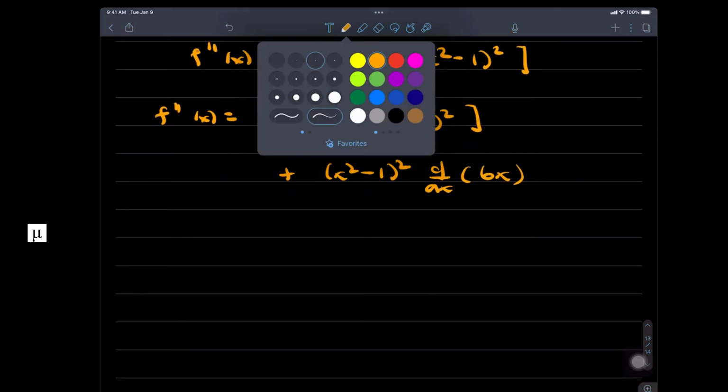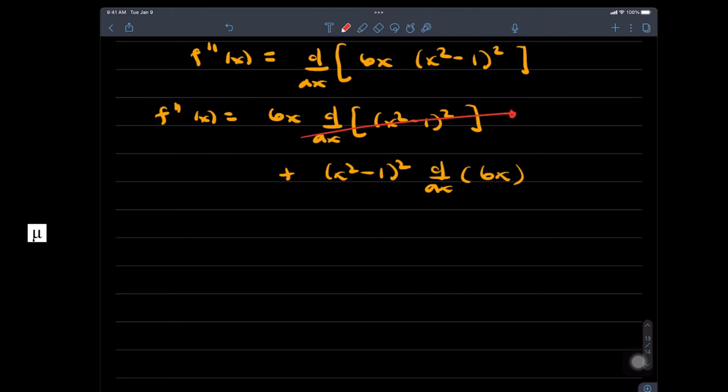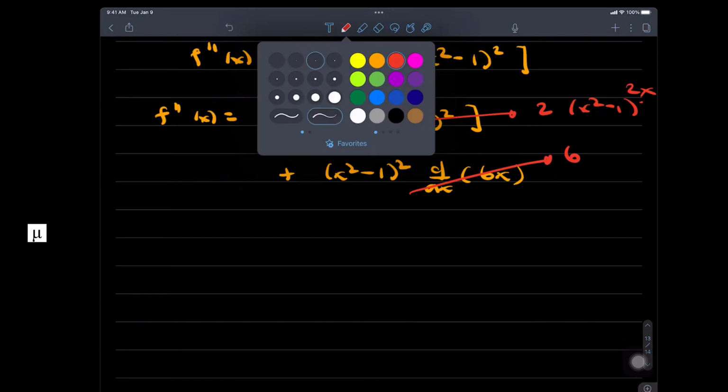Okay, so notice this. X squared minus 1, that'll be times 2x. Is that right? Because there's chain rule. You got to differentiate here. Okay, don't forget chain rule. X squared minus 1 to the 2nd power.